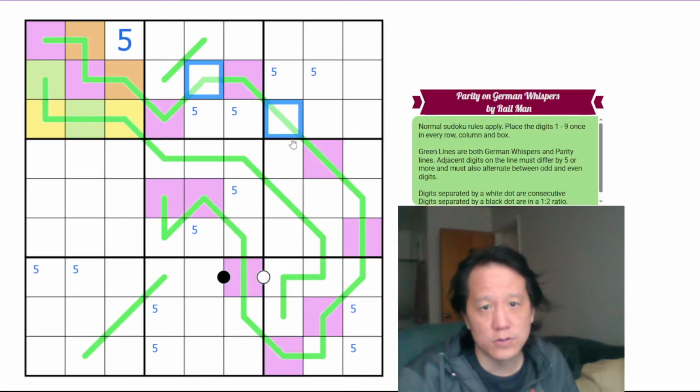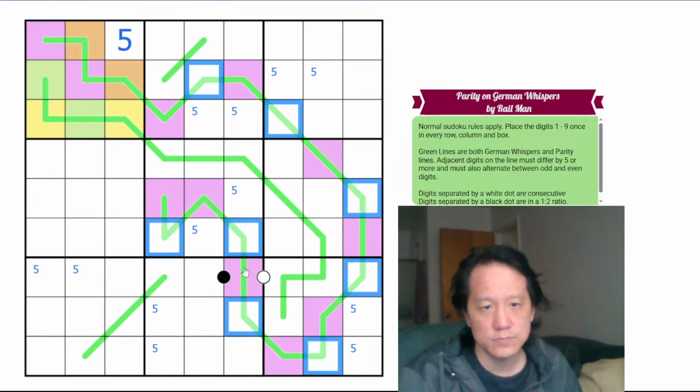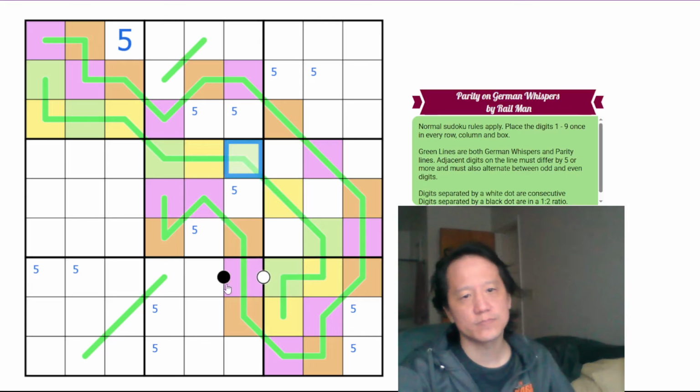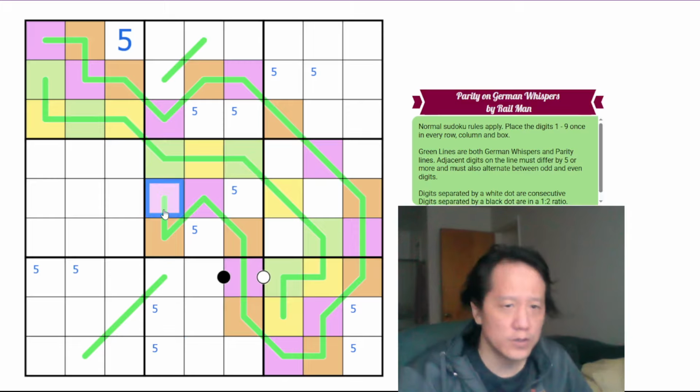And these are all orange. This is green. And this must be yellow. Right? Okay.